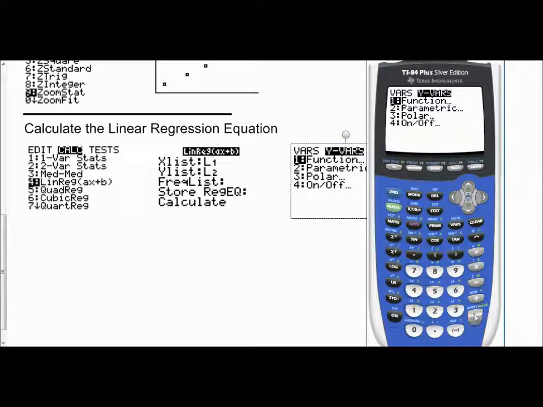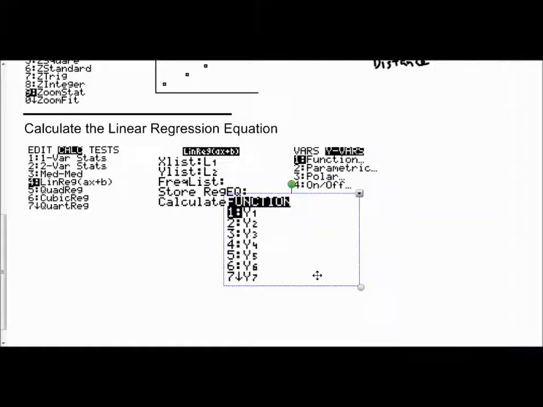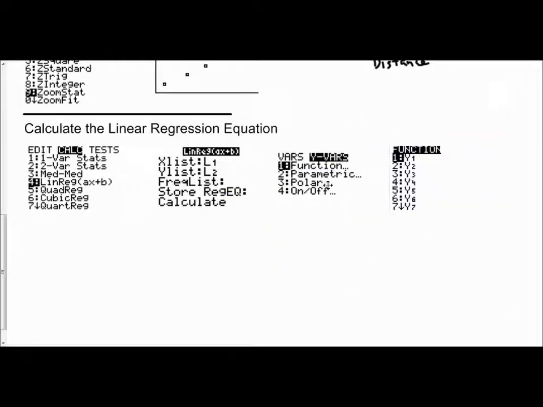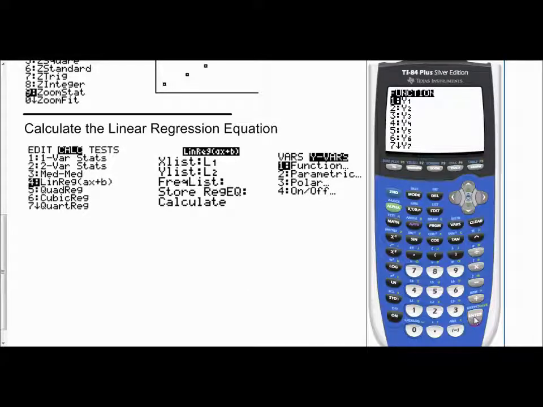We're trying to graph a linear regression equation. We're trying to graph a function. So when I choose function, I'm telling my calculator, hey, I want you to store the function in Y1 for me automatically. So I'm going to hit enter on Y1. Now my calculator shows X list as L1, Y list as L2, and my regression equation will be stored in Y1 for me.